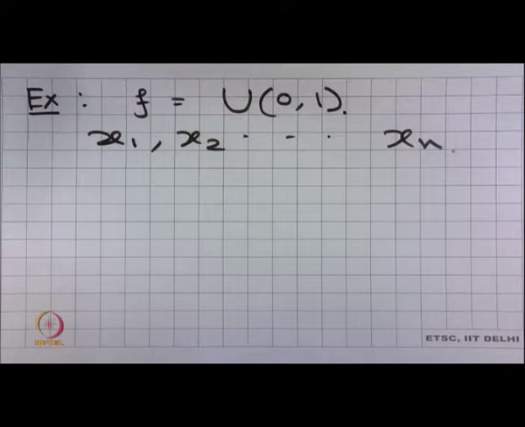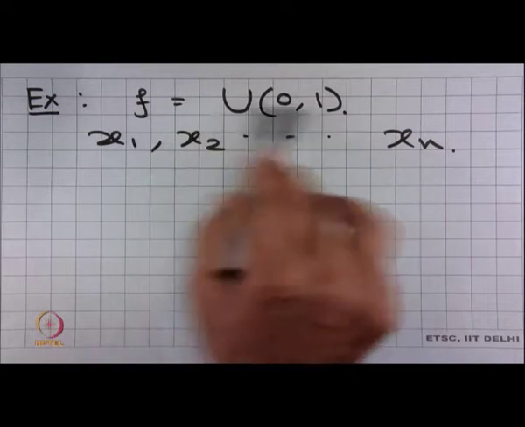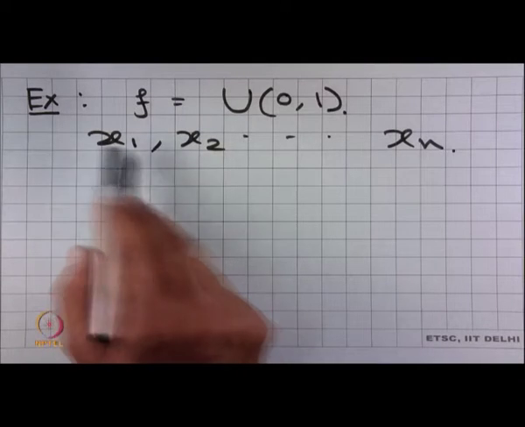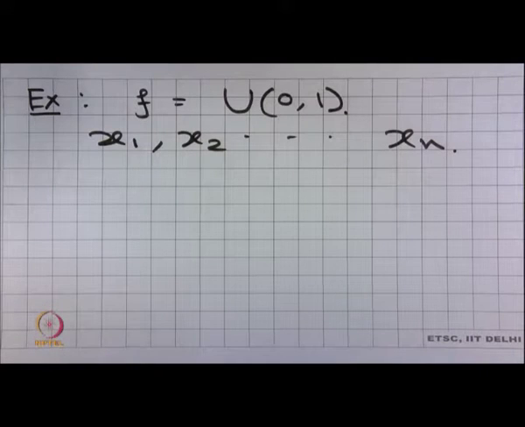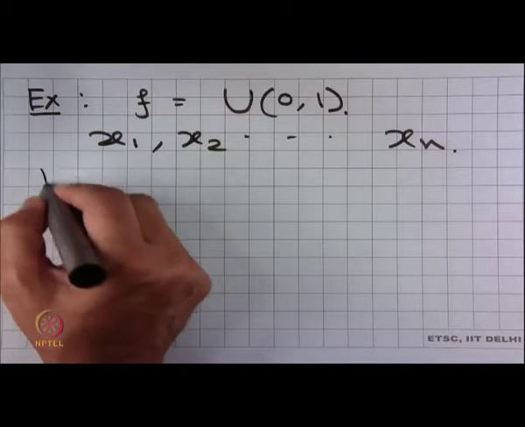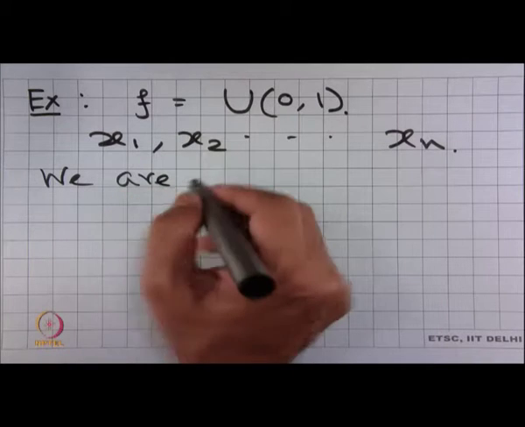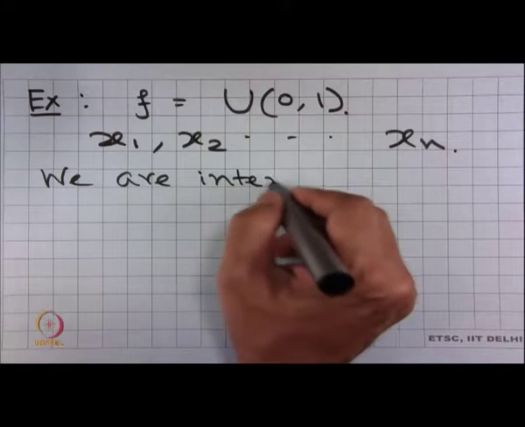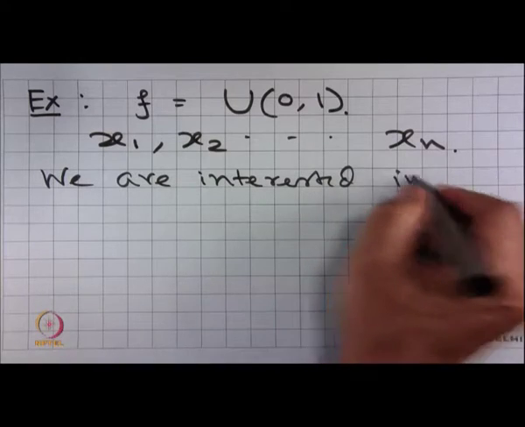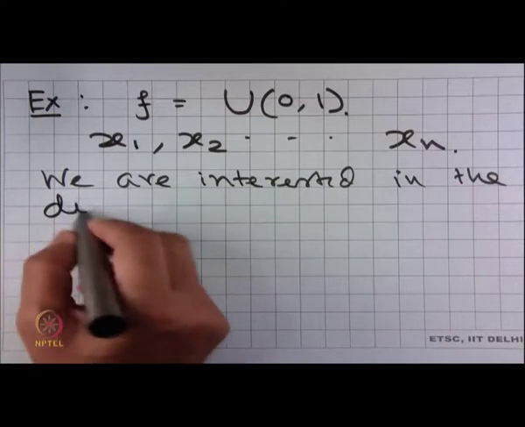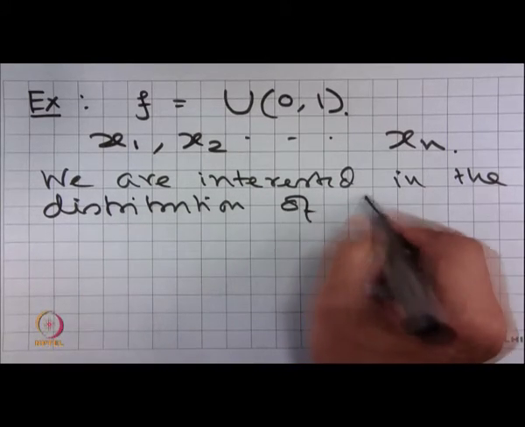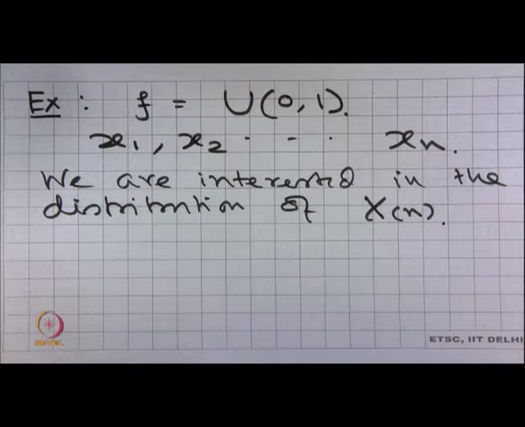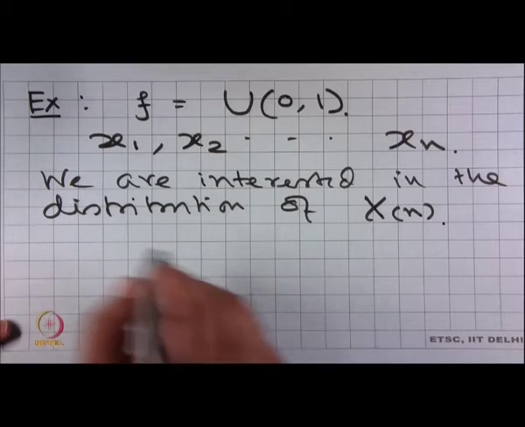So, let us consider the uniform 0 1 distribution, and we have observed n samples from this distribution. Suppose we are interested in the distribution of x n, the nth order statistic.